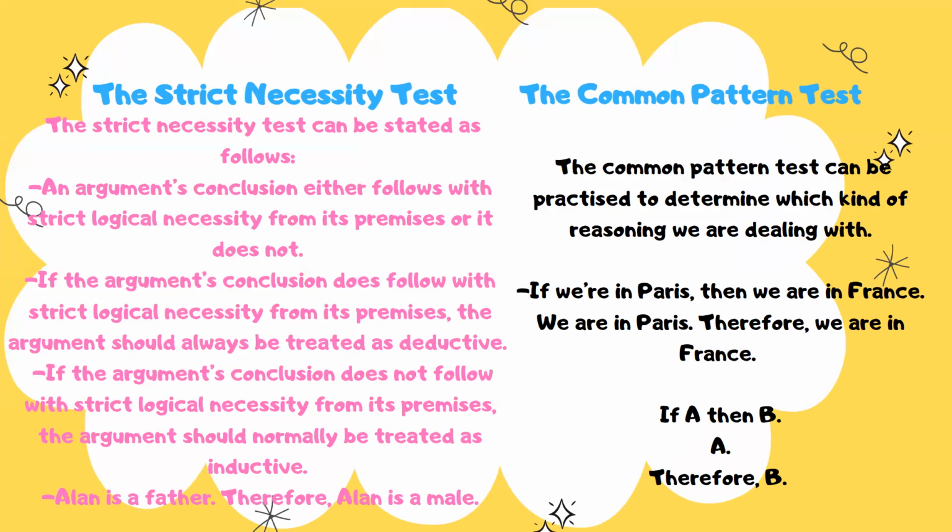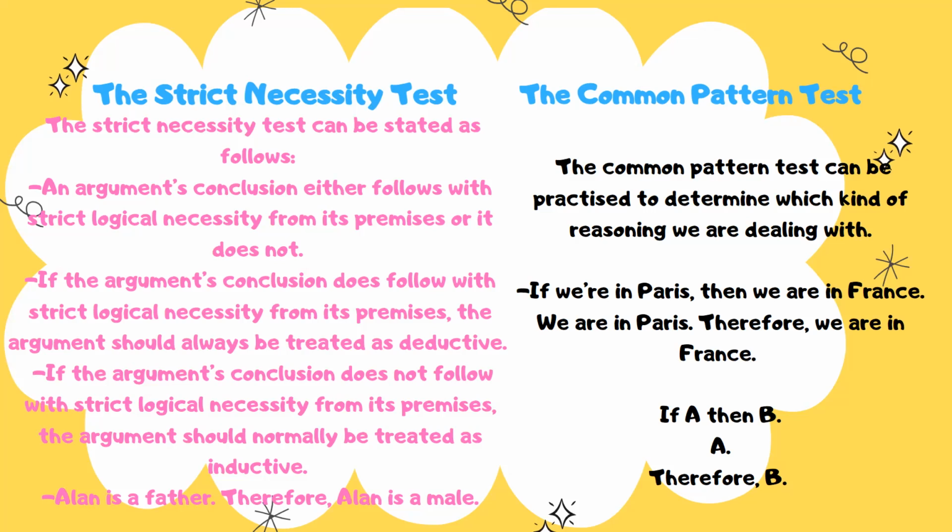And the third, if the argument's conclusion does not follow with strict logical necessity from its premises, the argument should normally be treated as inductive. And there is an example. Alan is a father, therefore Alan is a male. By definition, fathers are males. So according to strict necessity test, the argument is clearly deductive.